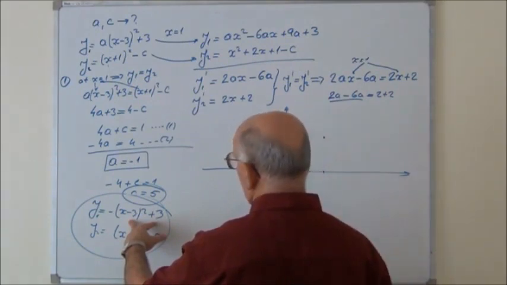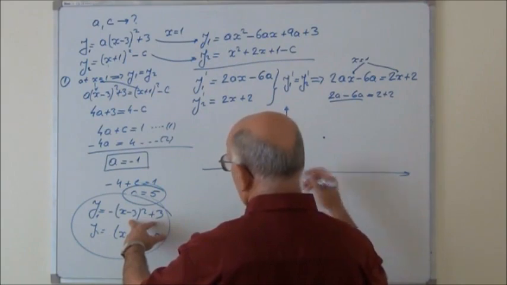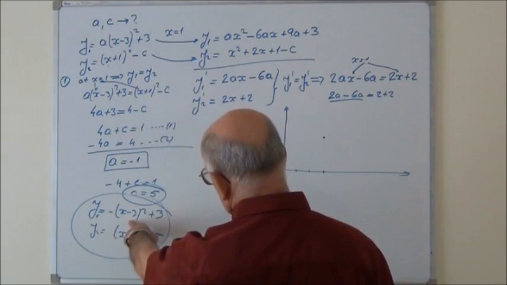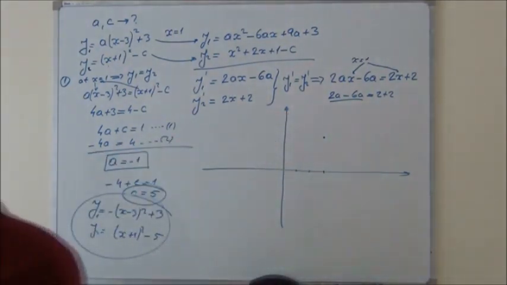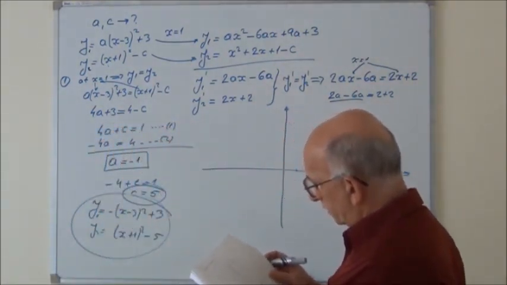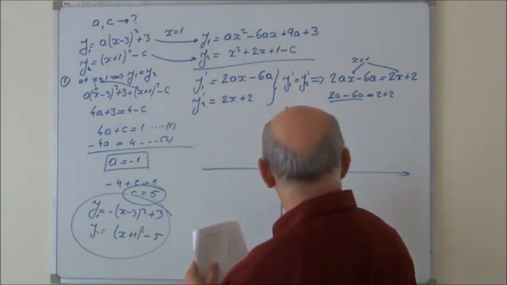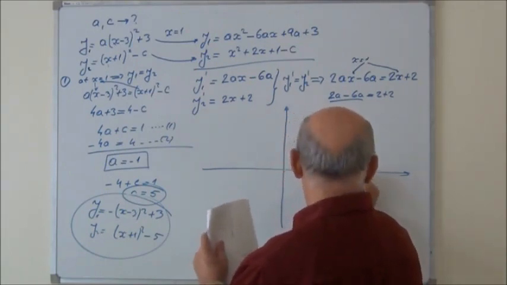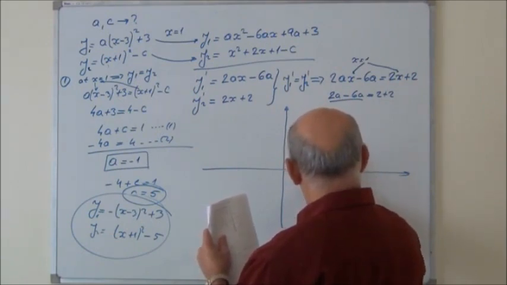That is the turning point, and the parabola is upside down. The x coordinate here needs to be calculated a little bit. Let me check if I have those two graphs here. Yeah, somewhere a little bit over 1 will be here, and roughly that much on the other side. So this is one parabola.